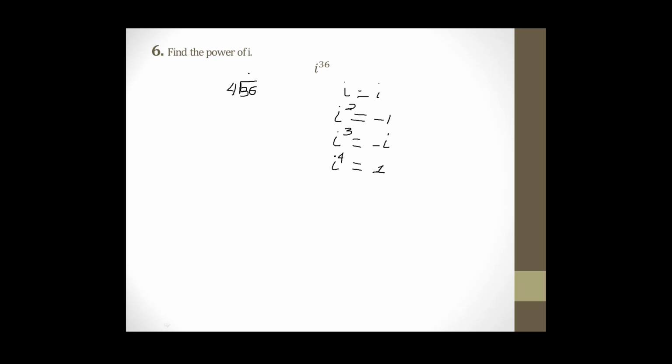It goes 9 times, evenly, so I have a remainder of 0. So if I go 4, 8, all the way to 36, that means that i to the 36th is equal to just 1. If I had a remainder, then I would have more work to do, but this is fine.